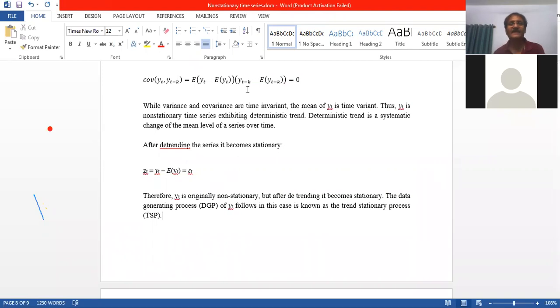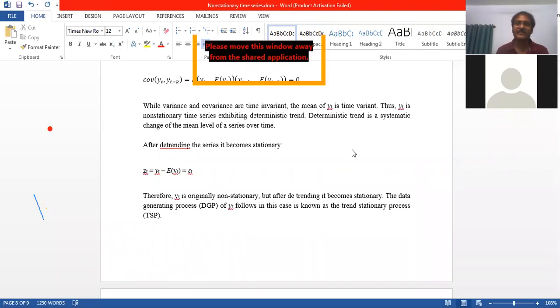And if phi 1 is equal to 1, the series is non-stationary. Phi 1 equal to 1 has a special meaning in terms of the concept of characteristic roots.